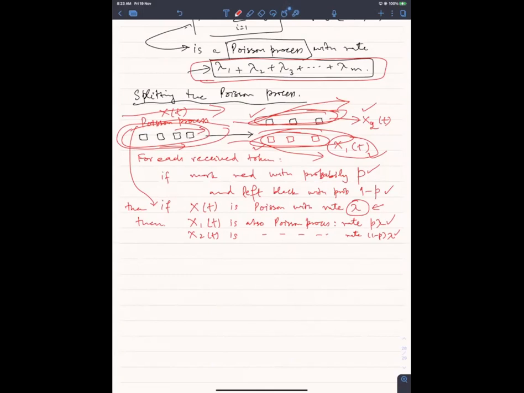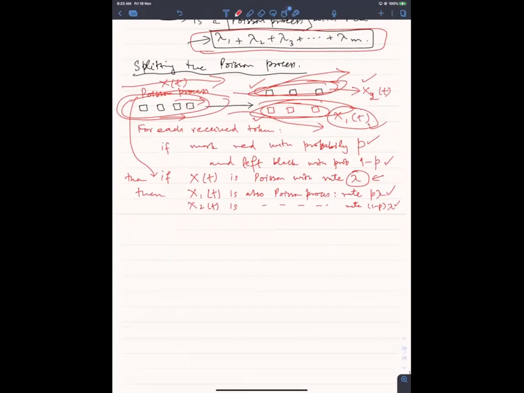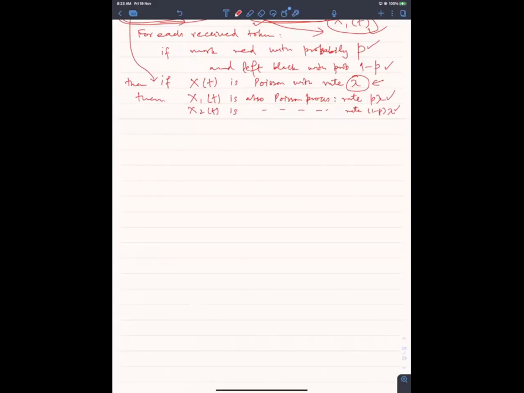We can also talk about the Poisson process in the spatial domain. Remember when we defined the random process, we said that the random process is an indexed collection of random variables, and the index is usually time, but the index can be space as well. So we can also define what we call a spatial Poisson process.